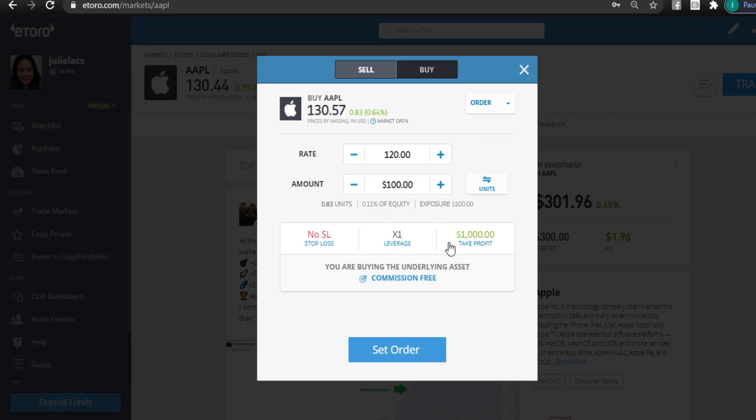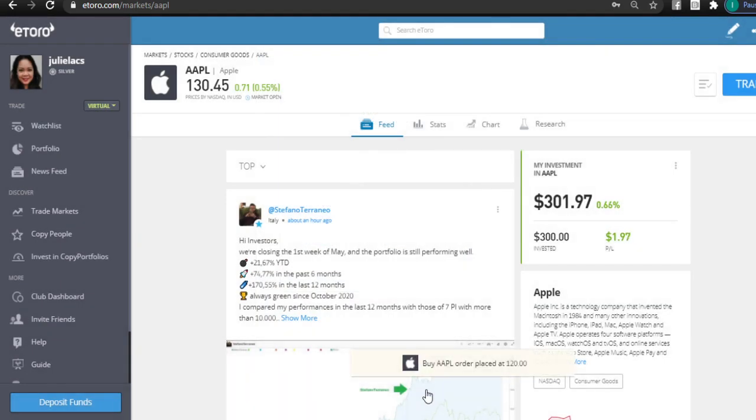What this means is that it will not be executed unless the amount reaches 120. So I put order. So Apple order placed at 120. Where will it go now?